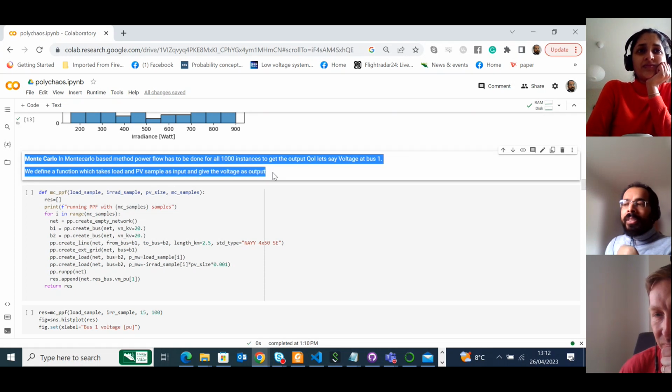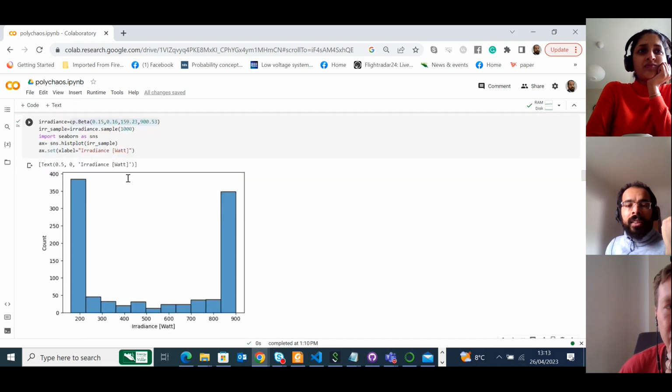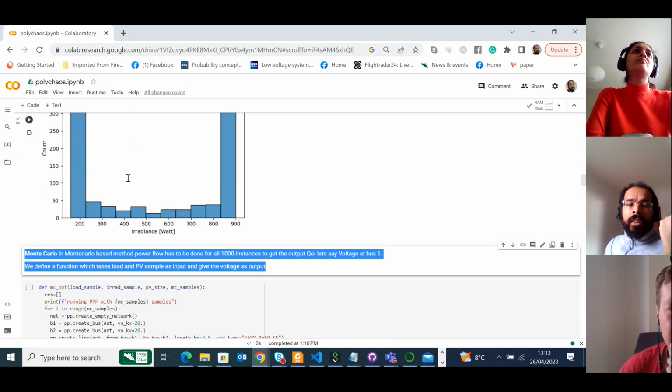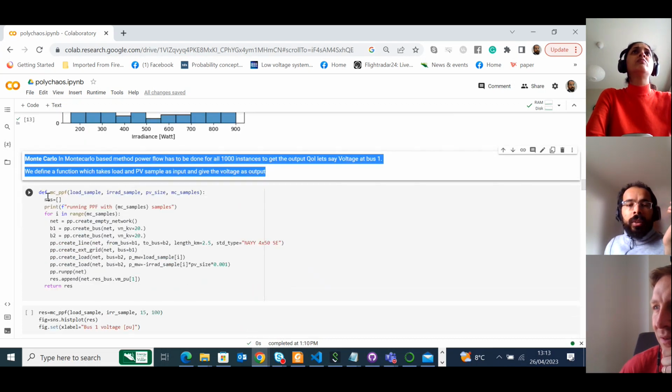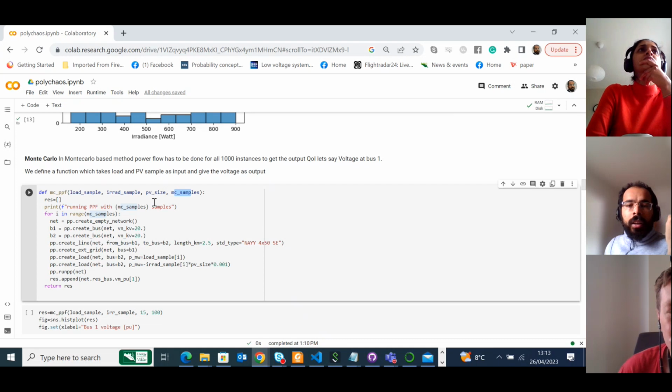So in Monte Carlo, what we do is, now we have the samples, right? So these are the samples of load and irradiance. What we do is we run, let's say in terms of power flow, we run power flow for each of these samples and get the output. So I wrote a function here which takes the load sample, irradiance sample, let's say PV size and MC samples. PV size is a variable here because we have irradiance as an input, so we need to give PV size as an external input.